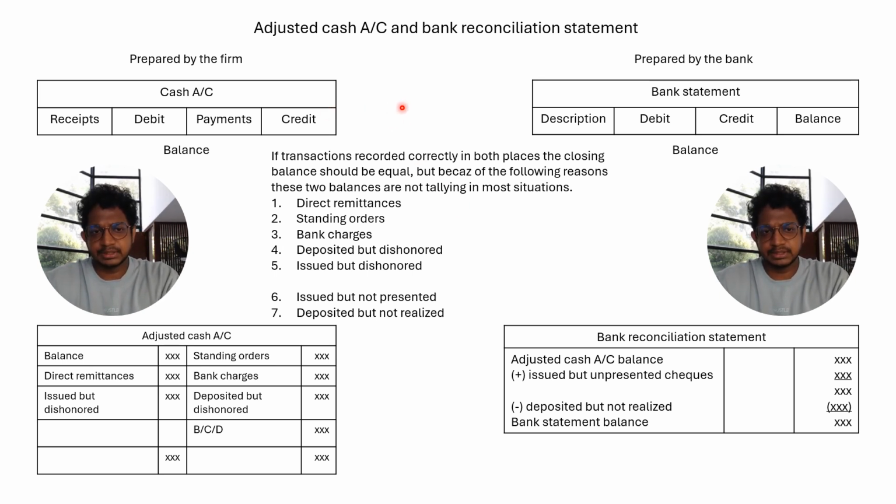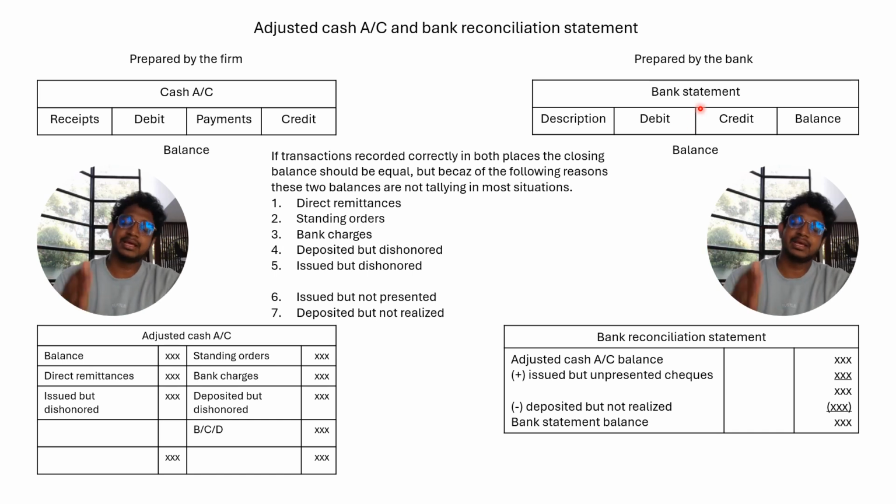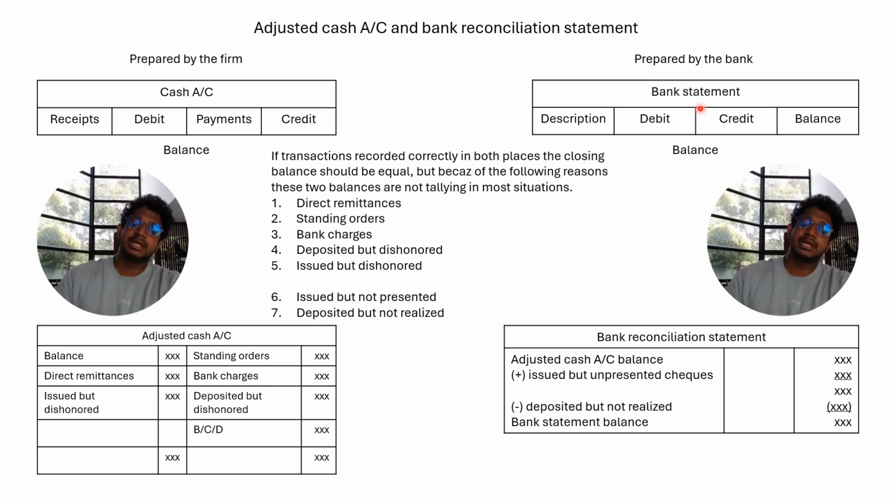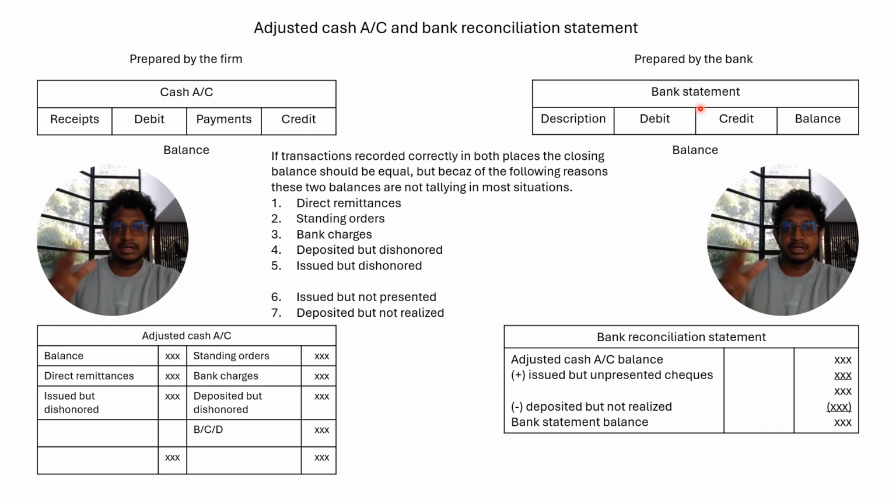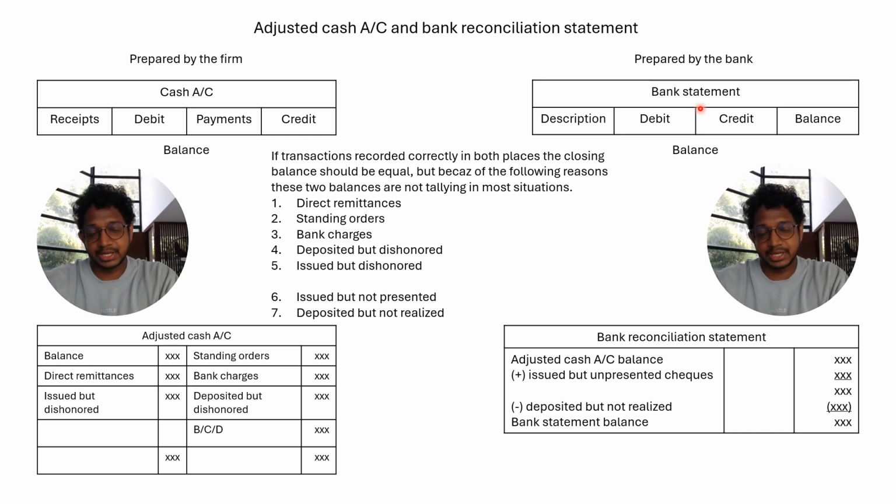So here what happened is the cash account is prepared by the business. And when we are doing transactions through a bank account, the bank from their side is preparing a statement of what happened with the account. That statement is the bank statement. At the end of each month, the bank sends us the bank statement including the transactions that happened through our bank account, right?